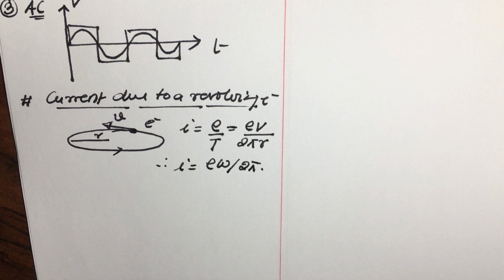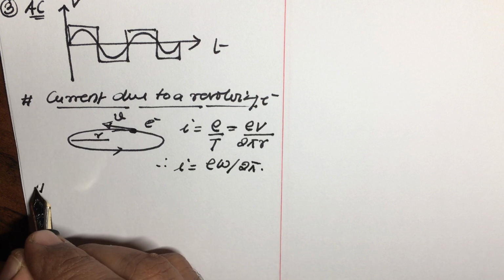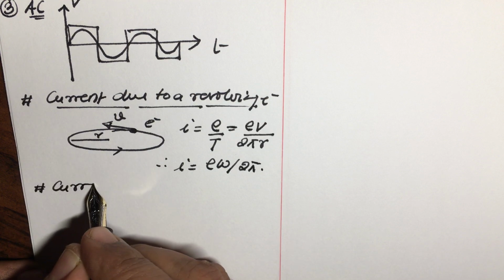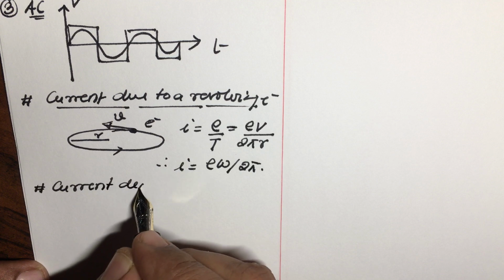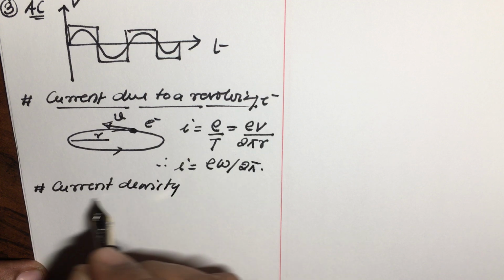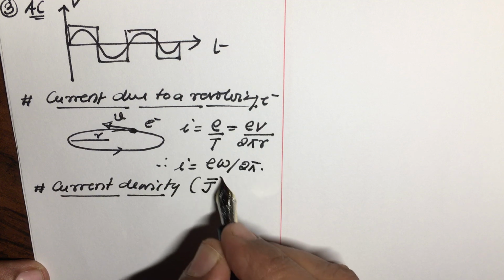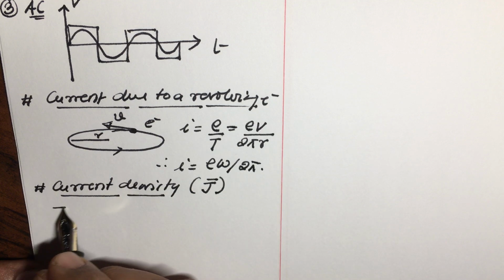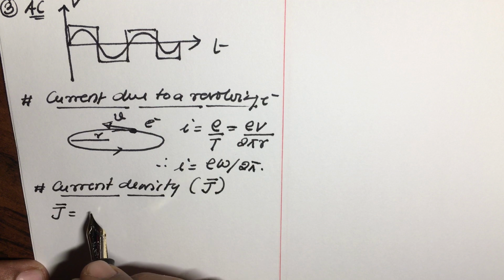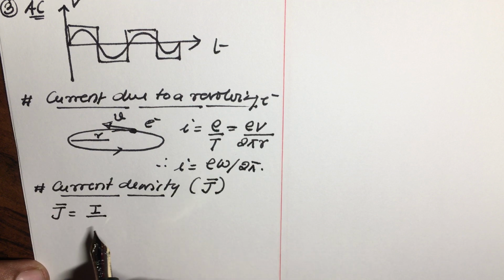Next we talk about current density. Now first of all, current density is a vector quantity. You normally write that as J vector. And J vector is defined as the current per unit area of cross section.